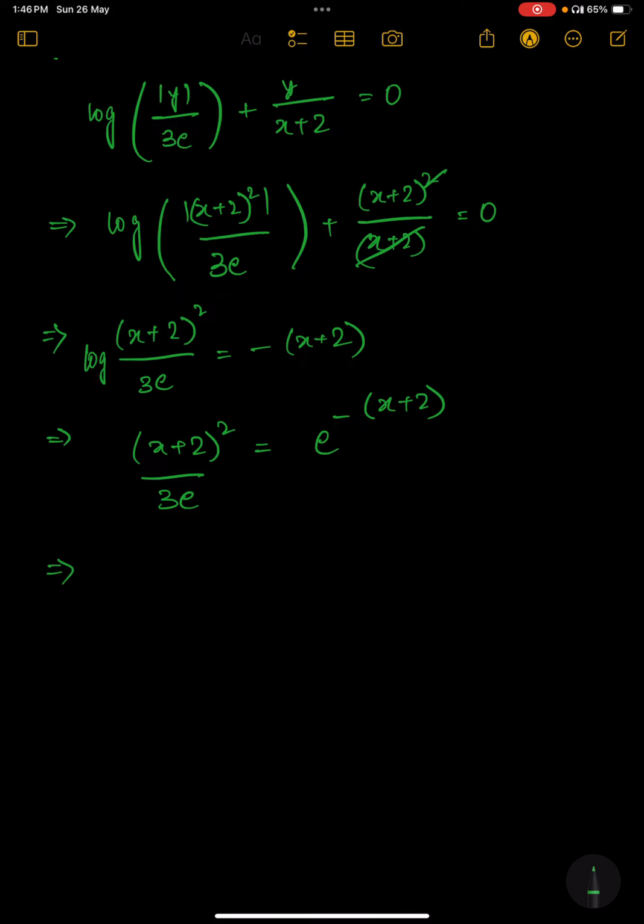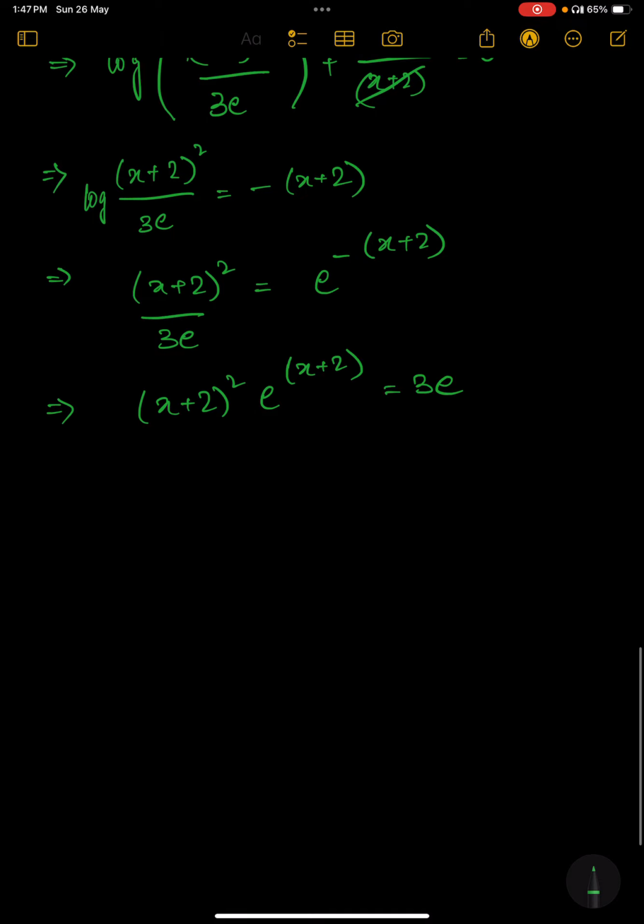Finally, x plus 2 whole square e power x plus 2 is equal to 3e, and therefore e power x plus 2 is equal to 3e by x plus 2 whole square.